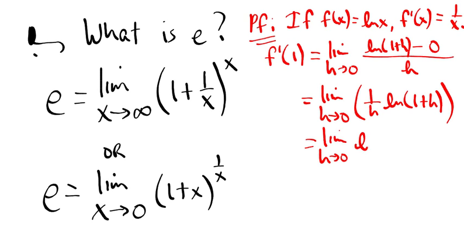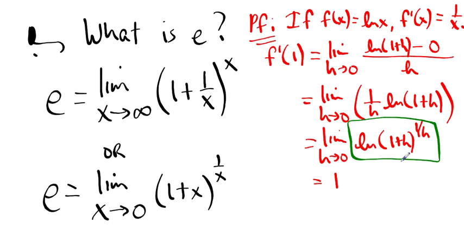that's this. And that's starting to look like something we know about. So here's the thing. f prime of 1 is 1, which means that this quantity approaches 1 as h approaches 0.